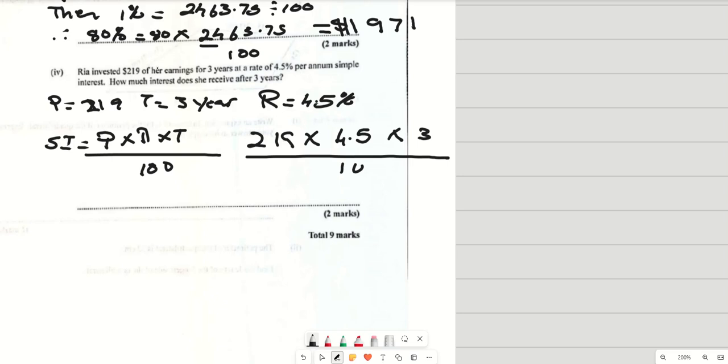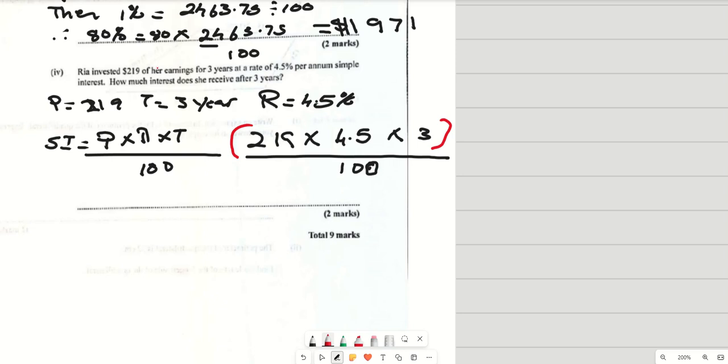If you're going to do this in your calculator, please guys put this top part, this is what you're going to put in your calculator. Open bracket 219 multiplied by 4.5 multiplied by 3. Then you're going to put, instead of over, divide by 100. So let's go ahead. Open bracket 219 multiplied by 4.5 multiplied by 3. Close bracket divided by 100.